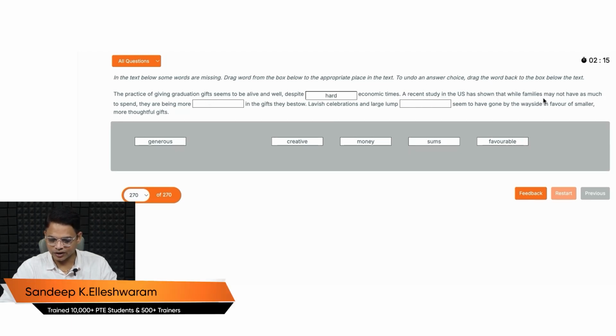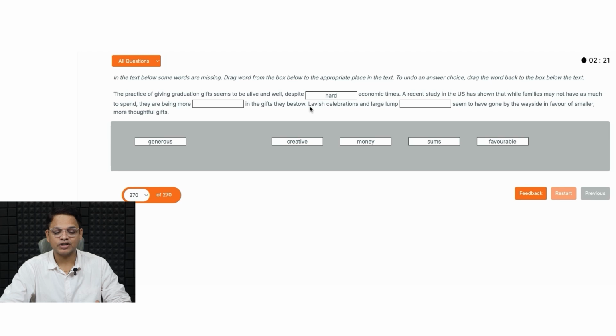A recent study showed that the families may not have as much to spend. They are being more blank in the gifts they bestow. They don't have enough money to spend. So they are being more what? Right? So more generous? If they don't have enough money to spend, they cannot be generous. Generous is what? Giving something in a huge manner. Creative, maybe.